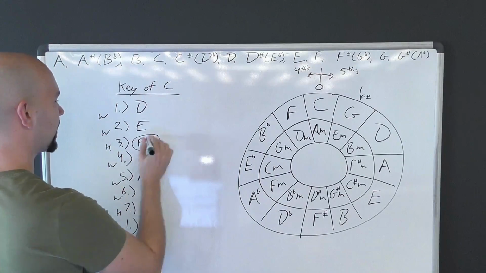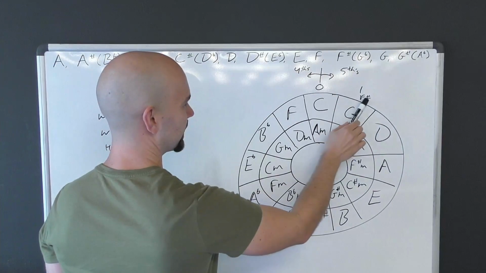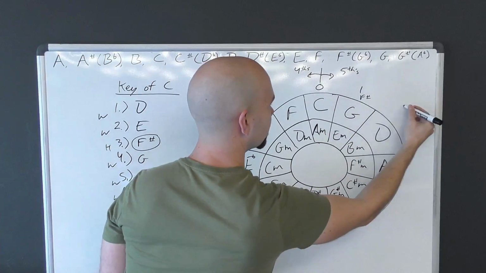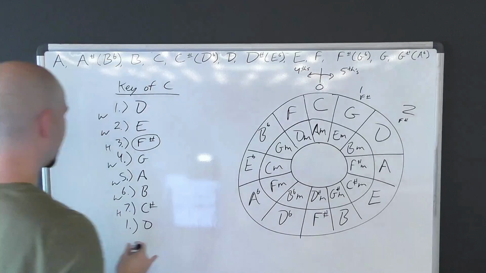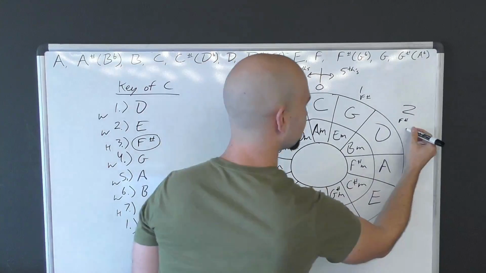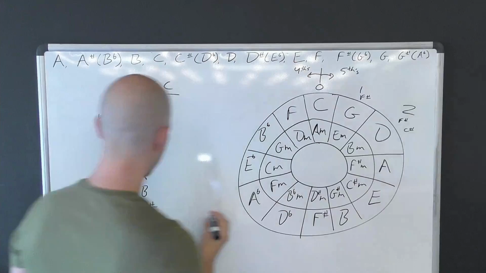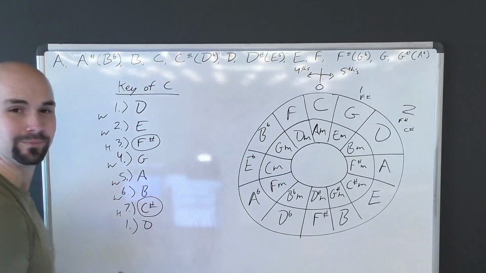We have the F sharp, which is the same as in the key of G, but we've added a new one, which is C sharp. And C sharp is note number 7.